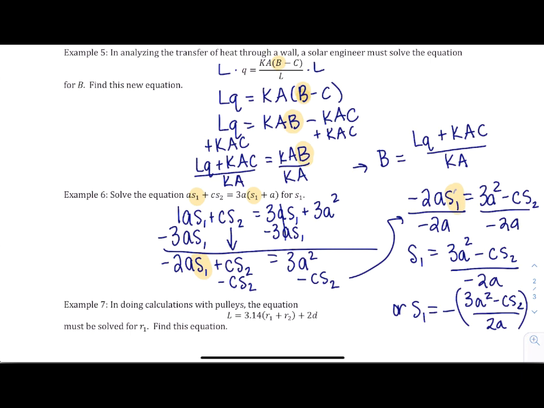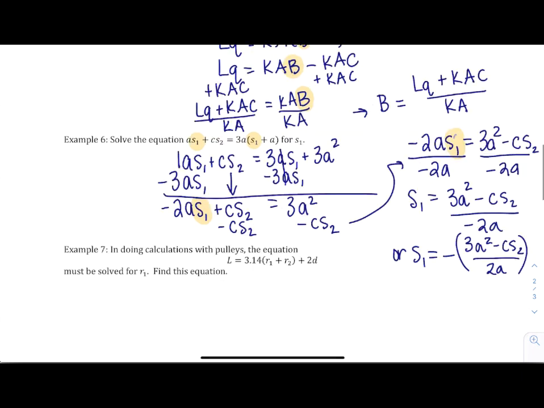That might be how you would see it written. Or another way that you might write it is to actually distribute that negative into the numerator only. So you'd have negative 3A squared plus CS2 over 2A. Now all of those are equivalent, so all of them would work. It's just noting that there's different ways to express this.